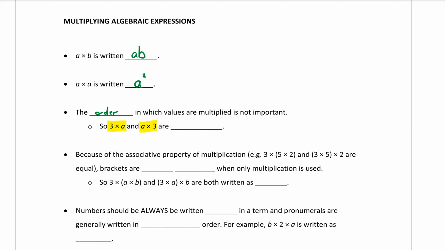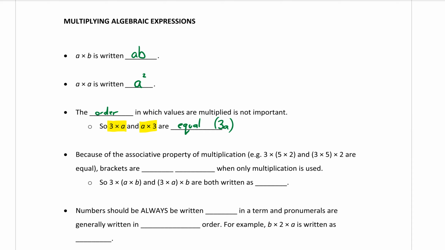So those things are equal. Okay, and just in case you're wondering what they're equal to, we put the 3 and the A next to each other, and they would be equal to 3A. We just write them without the multiplication sign and prefer the number first.